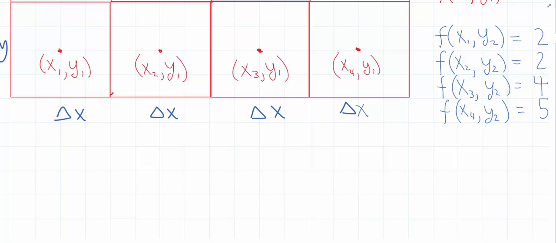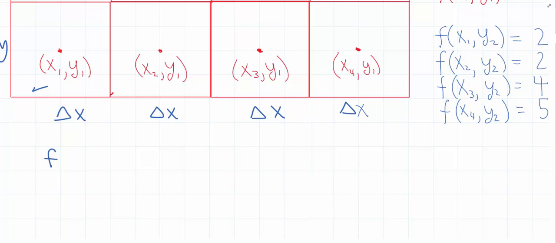So here's what I'm going to do. I'm going to take the first prism right here, and for simplicity's sake, I've made the delta x and the delta y the same, or I've made them not change in value. So the delta x is the same for each prism.